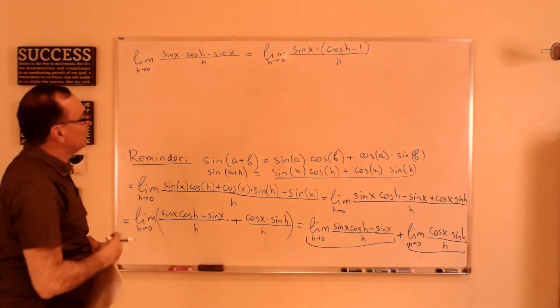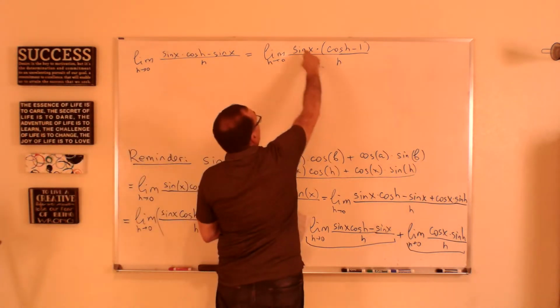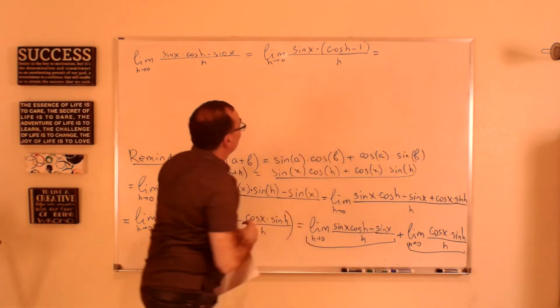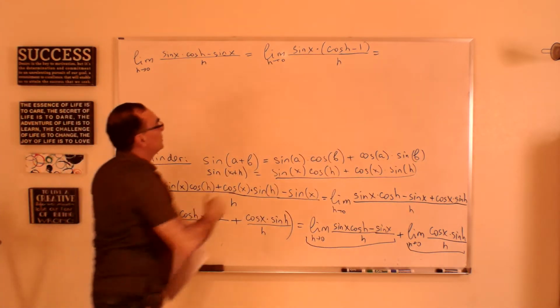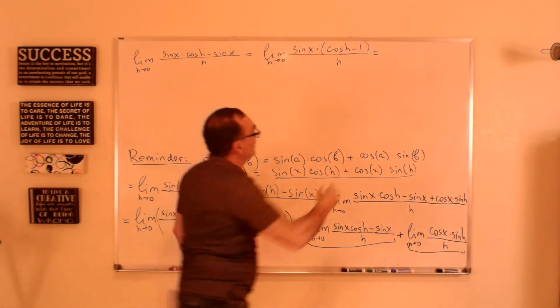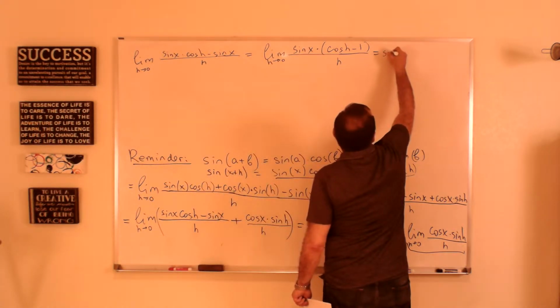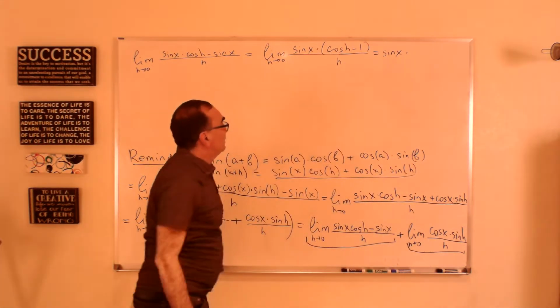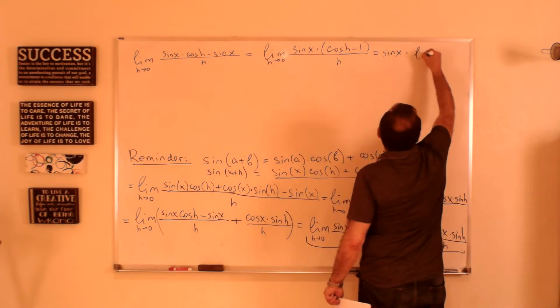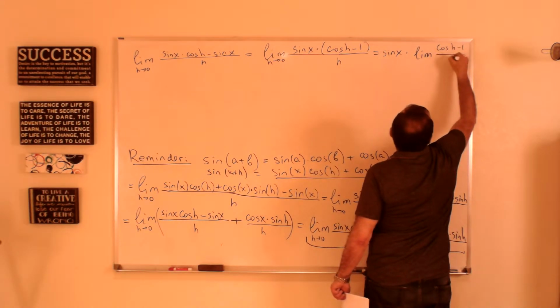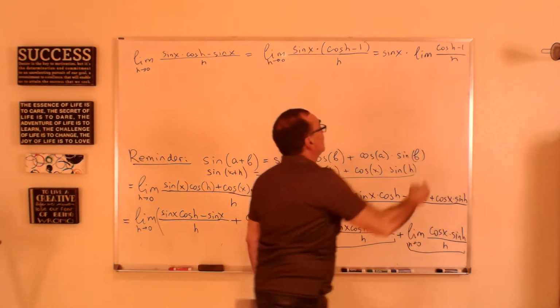Now I will split these two limits again, this into two limits again. So it will be limit of this times limit of that. But since sine x in itself doesn't have h in it, so in terms of h approaching 0, sine x is a constant. So its limit will be just sine x. But the other part does have h in it, so it will be times limit of cosine h minus 1 over h as h approaches 0.